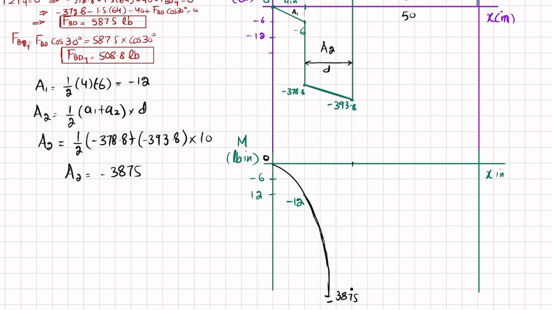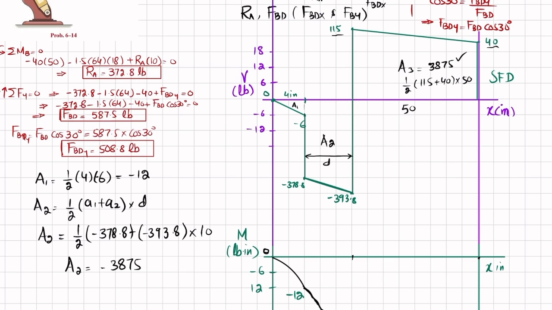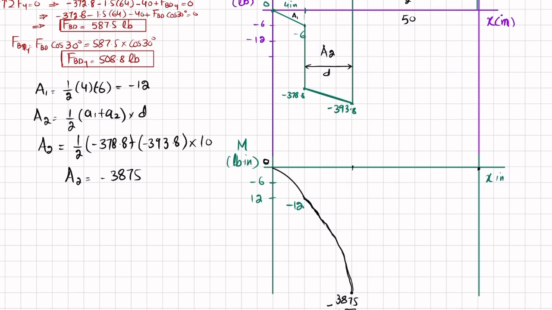Okay, I have made a mistake. I have to delete this curve. This is the point. So at this edge, this is minus 3875 and this area is plus 3875, so it will be 0.